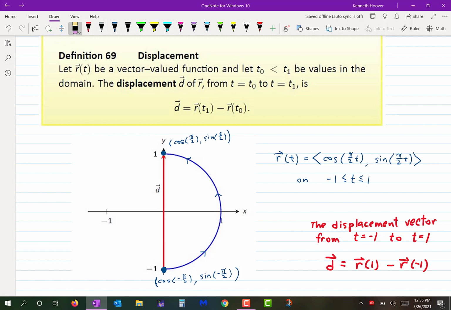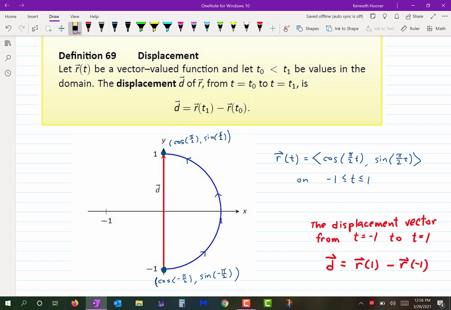If you care about the actual path of the particle, then you would look at the blue graph of the vector valued function. But if you care about where the particle is located at the end compared to the beginning, then you only care about the displacement from the beginning to the end, and that would be the red vector.